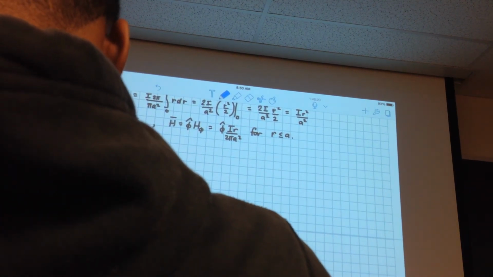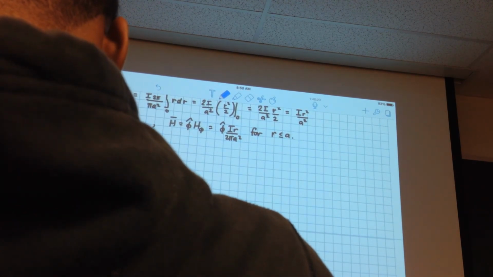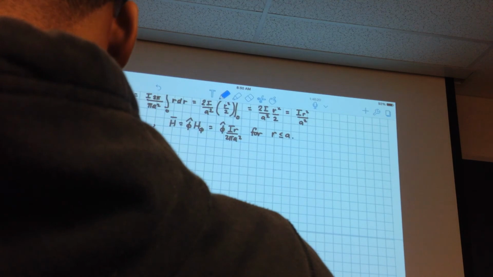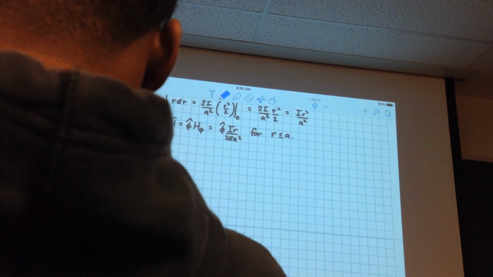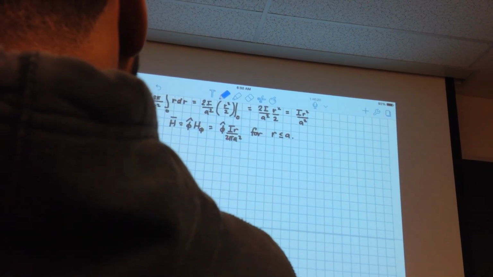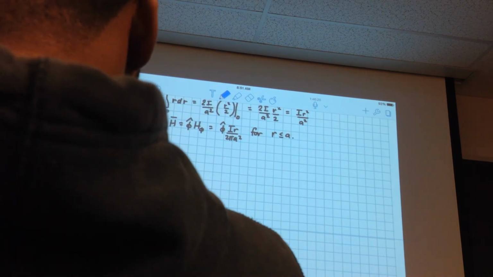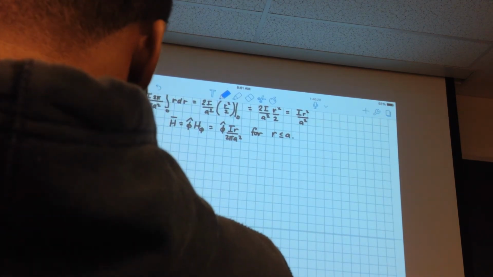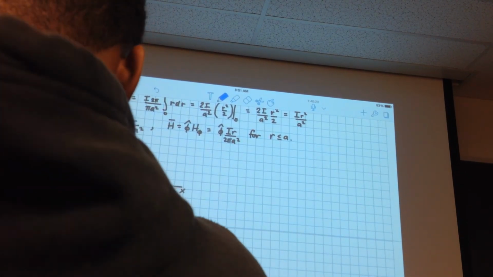Because the only thing that matters is the current that's enclosed, and for any radius of a contour, as long as that radius is greater than a, then the current is not changing as that contour is changing in radius.